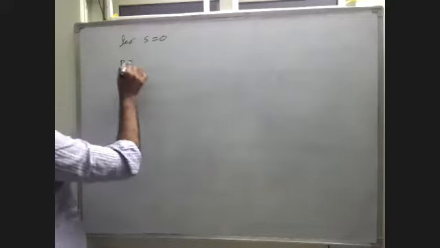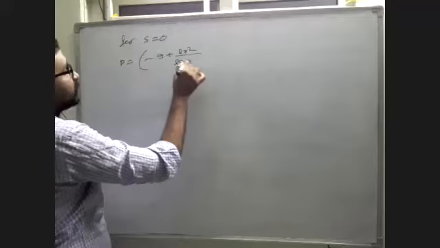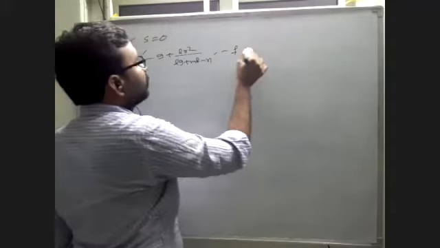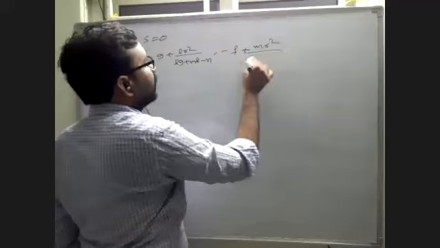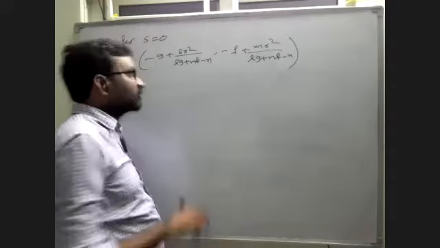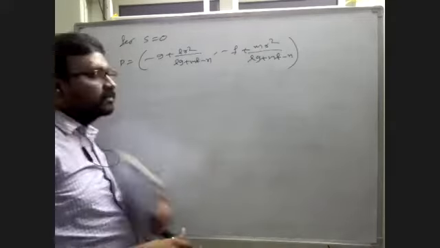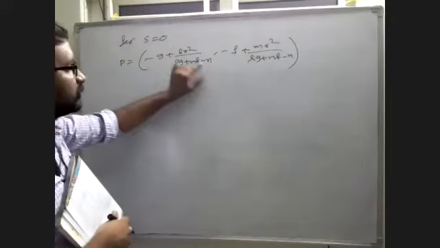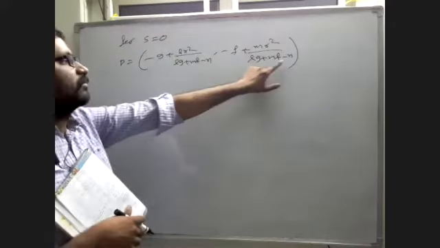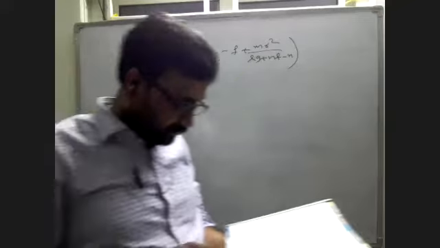Then the pole P is minus g plus lr square by lg plus mf minus n comma minus f plus mr square by lg plus mf minus n. If you substitute g and f as 0, you will get the previous one: minus n remains, giving minus lr square by n and minus mr square by n. That is the big circle pole that is already there.